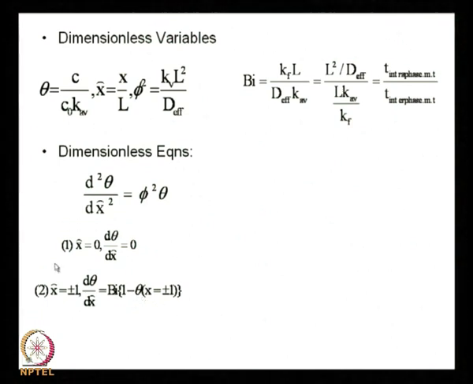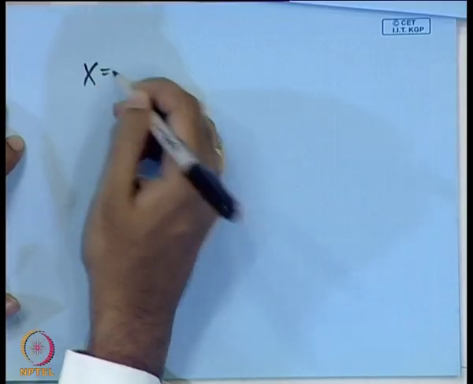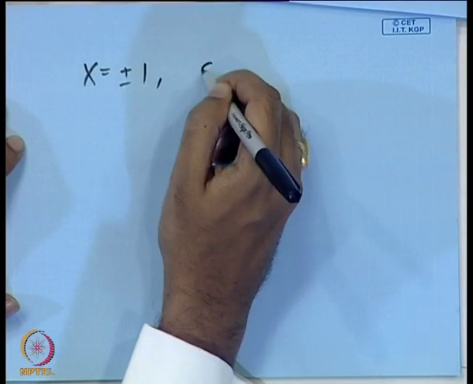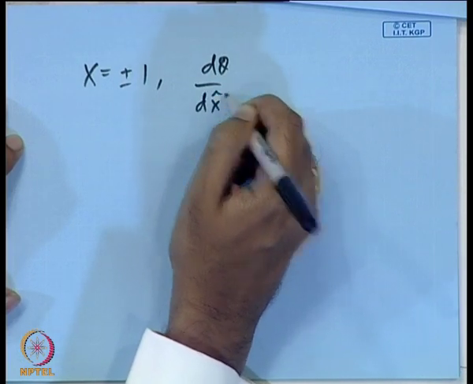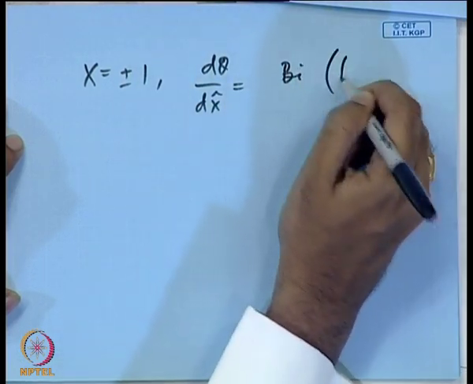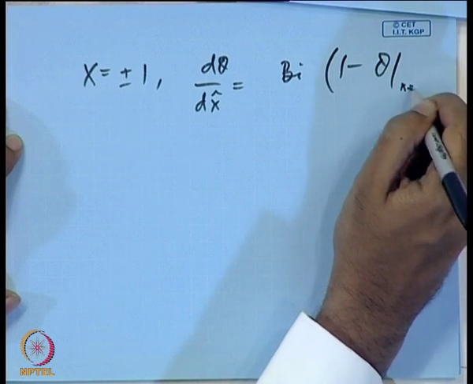Krishna Pratap, you will tell me, is that second boundary condition completely correct? Right. So, this boundary condition had been written without the reaction into consideration. So, you get del theta del x hat equals Biot number into 1 minus theta at x hat equals 1.